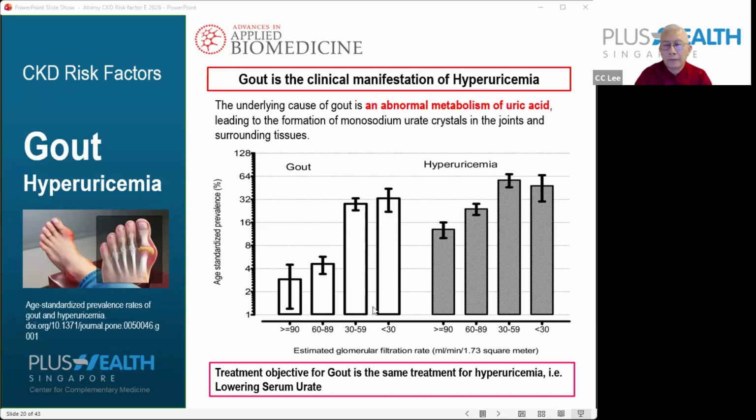50%. Therefore, very often chronic kidney disease patients are suffering from hyperuricemia, and in turn, because they are suffering from hyperuricemia, the symptom of gout is also a very common occurrence for them.